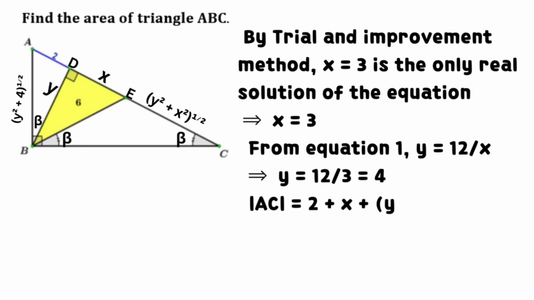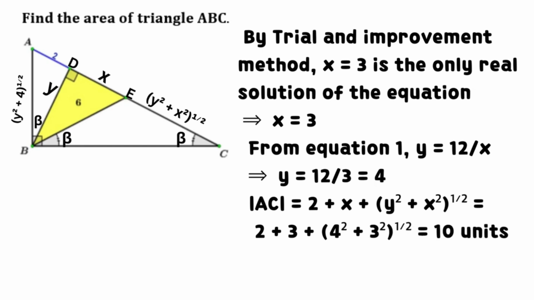From equation 1, y equals 12 divided by x. Thus, y equals 4. Line AC equals the sum of 2x and the square root of the sum of y squared and x squared, which equals 10 units.